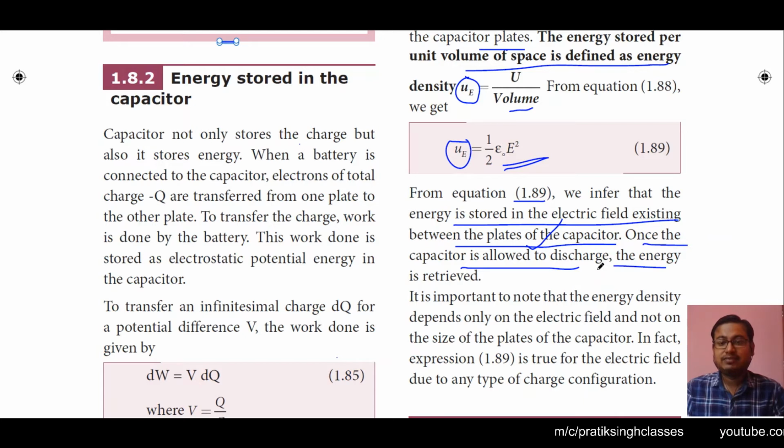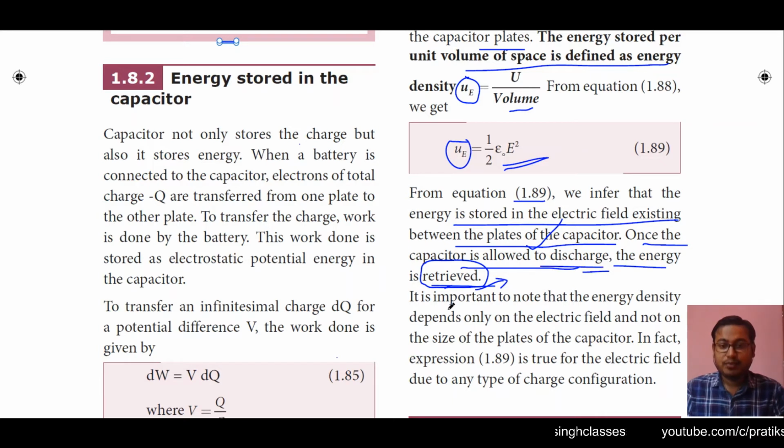Discharge means it is giving out its energy, which is transferred from one place to another place, or converted into some useful work done. So that is the meaning of discharge.